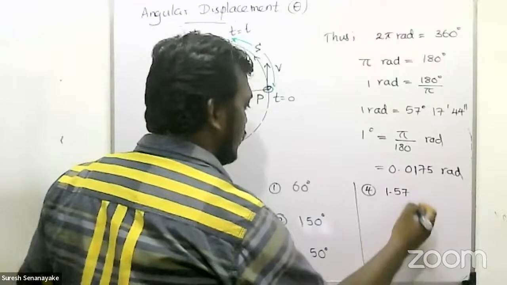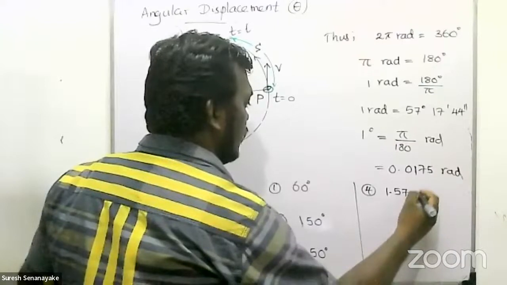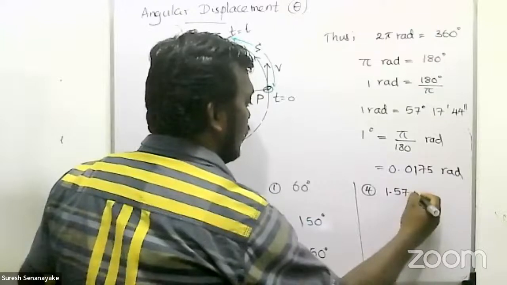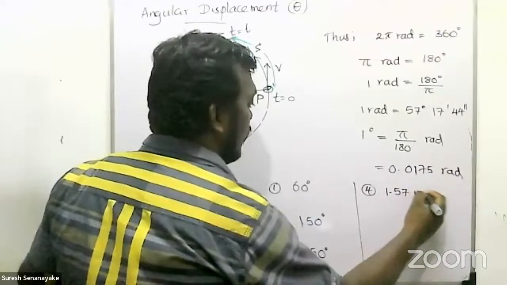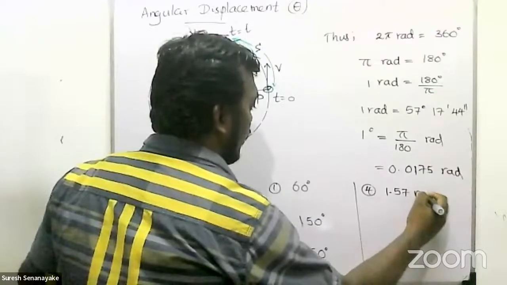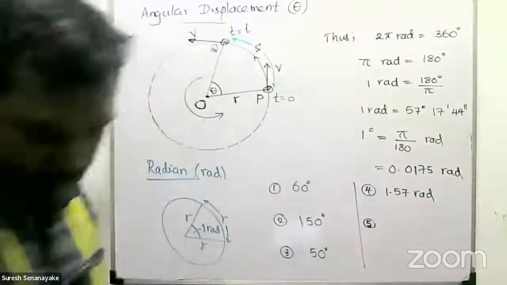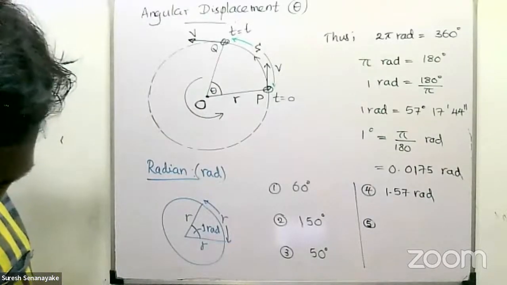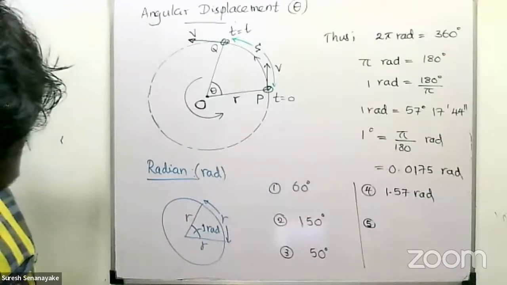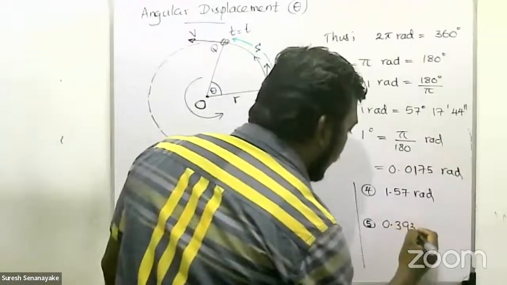1.57. All right, the next one is 0.393 radians.